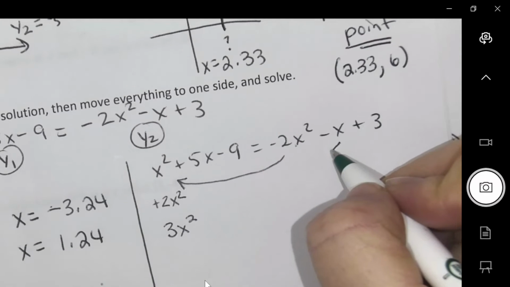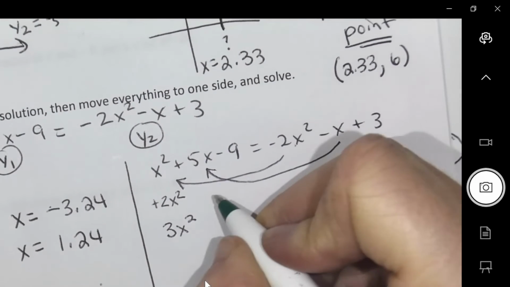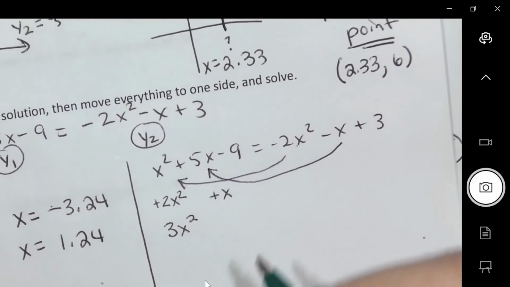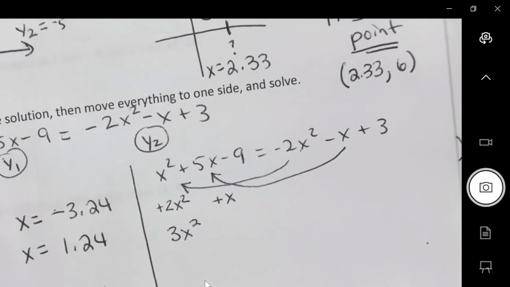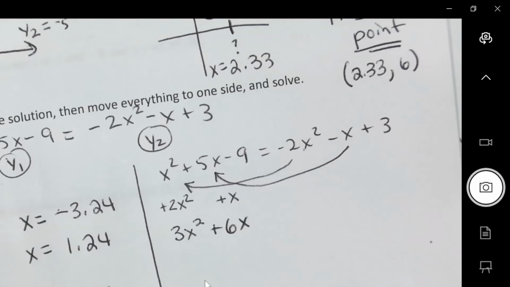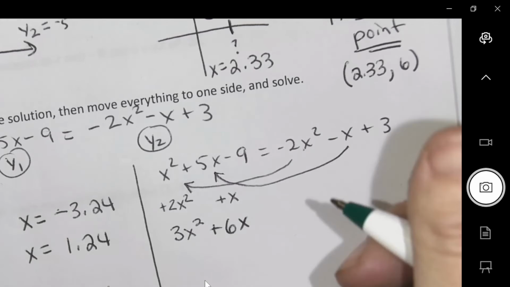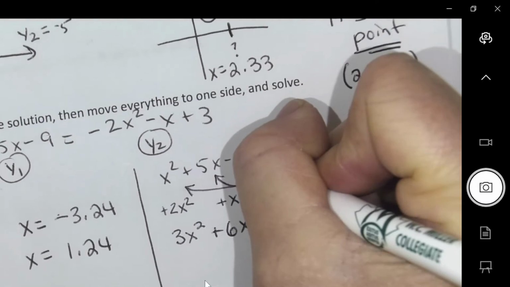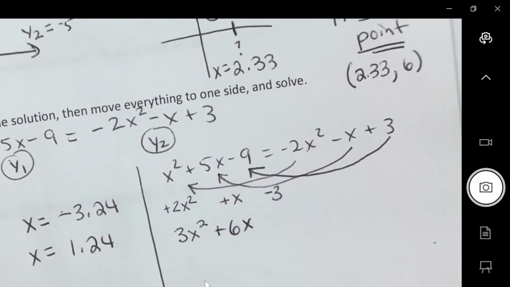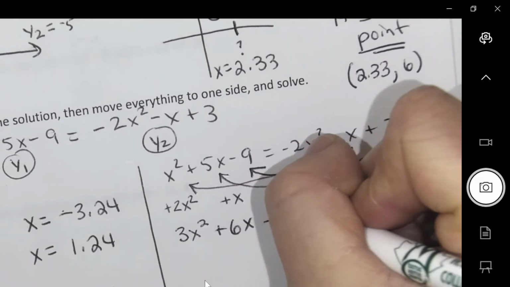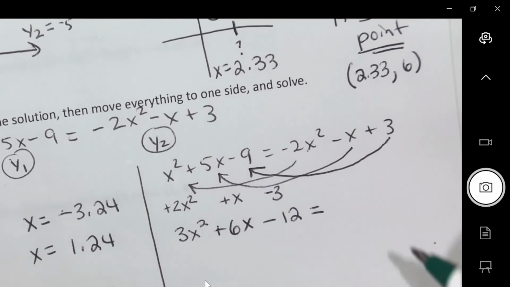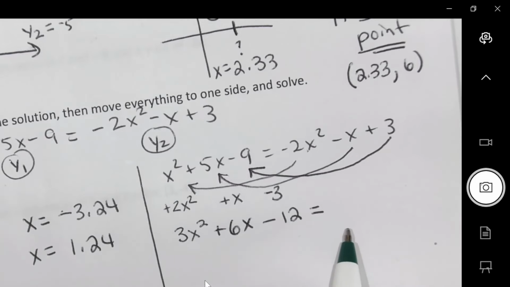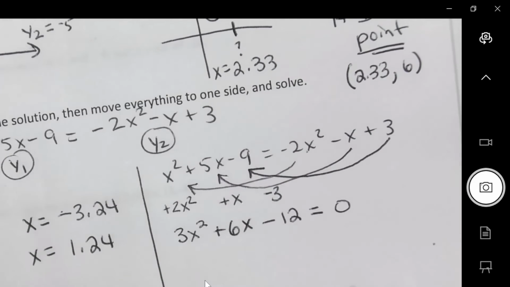Okay, I'm going to move this x stuff over. So I will be doing a plus x, because when you move stuff, it turns opposite, right? So plus 6x and the 3, I would do a subtract 3, minus 12. What do I have on this side now? 0. Don't have anything.